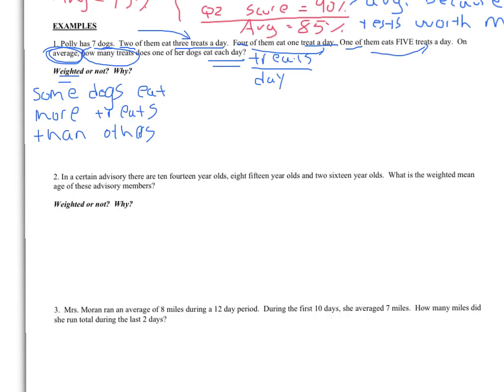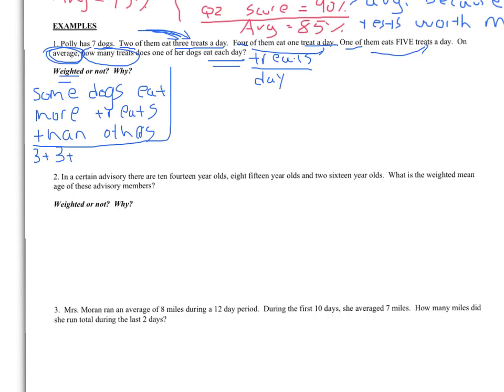Now, we could do this the long way. I'm going to just show this down here in the corner because we're going to learn a better math way of doing it. 2 of the dogs eat 3 treats a day. So we could say, oh, well, dog 1 eats 3 treats. Dog 2 eats 3 treats, right? That's what this first part says right here. 4 of them eat 1 treat a day.